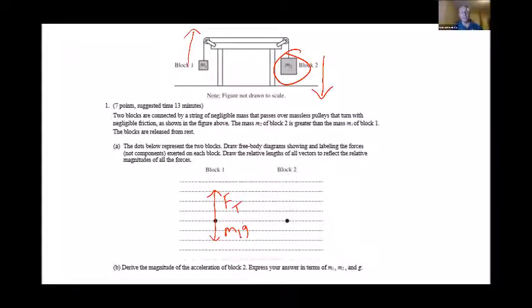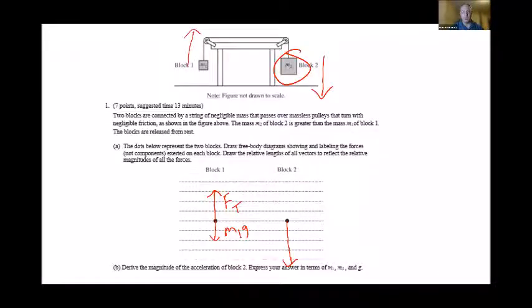We want to do the same thing for block 2. With block 2, though, we know block 2 is going to have a net force down, which tells me that its weight is going to be bigger than the tension. And we know that its weight's also bigger than this M1G line. So let's draw it longer. That's supposed to be a straight line. It's not perfectly straight, but close enough.